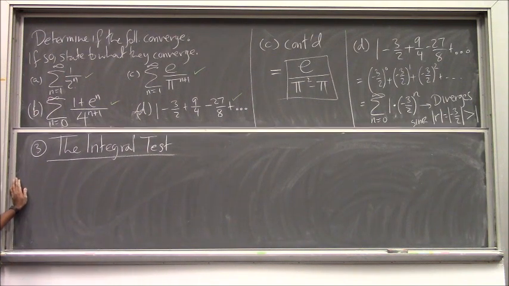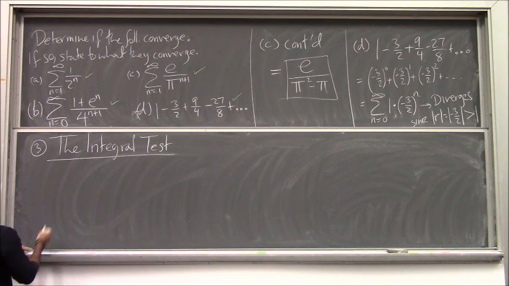Because I know you guys miss integration, so let's actually bring it back. Here is where we pretty much use an improper integral to tell us about a series. So that's going to be interesting.